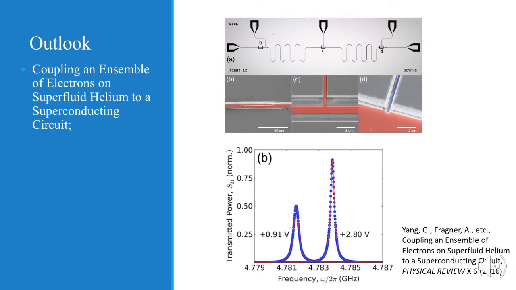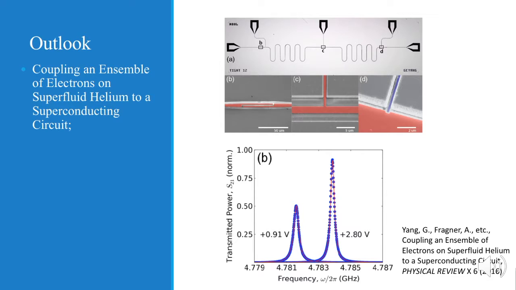Basically, circuit QED allows strong dipole coupling between electrons and a high-quality superconducting microwave resonator. This technique can be used for sensitive detection and manipulation of electron degrees of freedom. Here, this paper presents the first realization of a hybrid circuit in which a large number of electrons are trapped on the surface of superfluid helium inside a coplanar waveguide resonator.